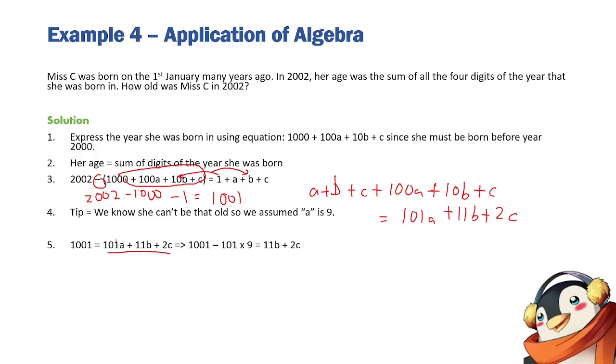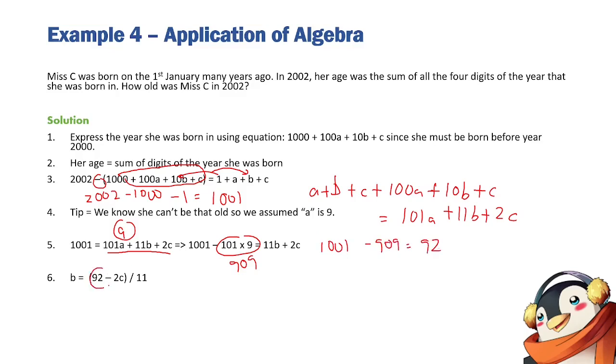Because we know that A is actually 9, we have a digit here as well, so we know that this thing here is actually 909. So we just bring it across, which is 1001 minus 909 gives you 92.